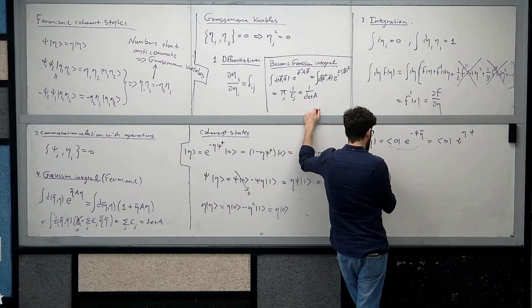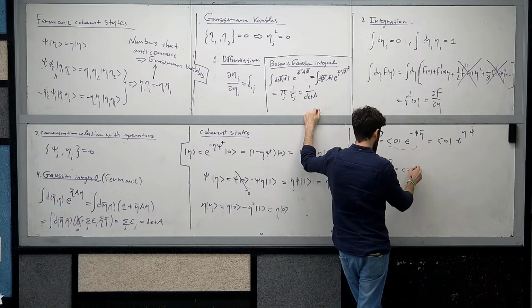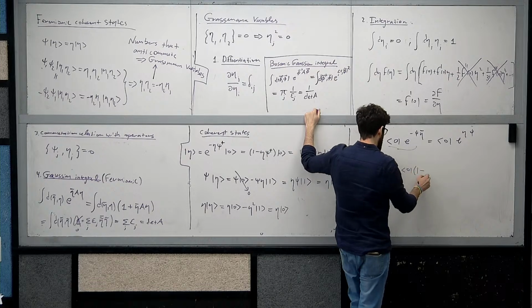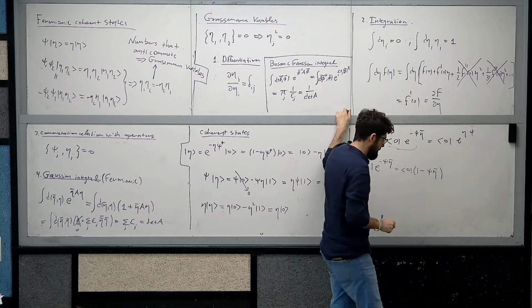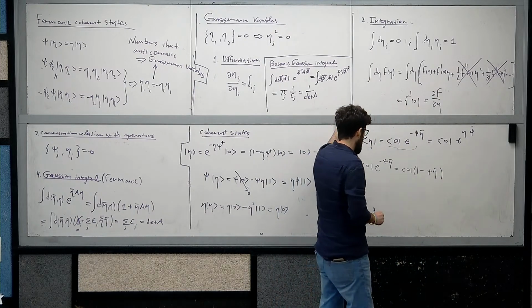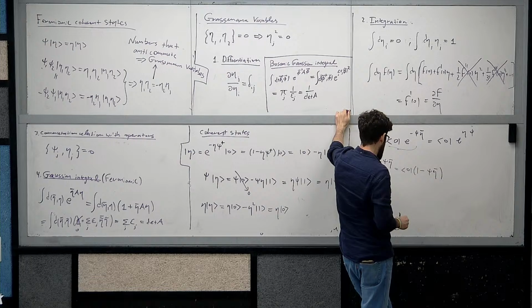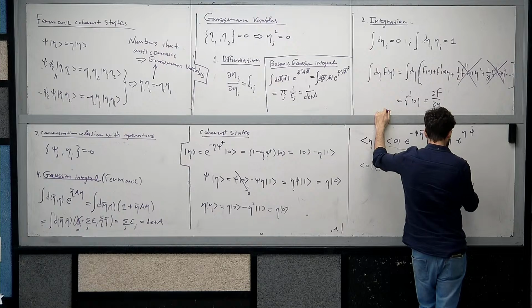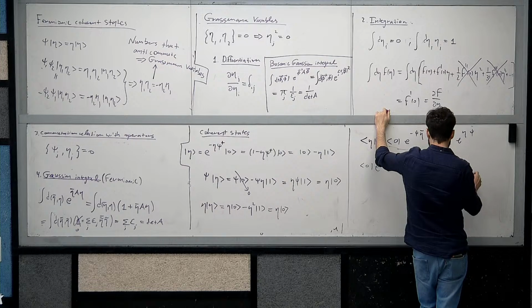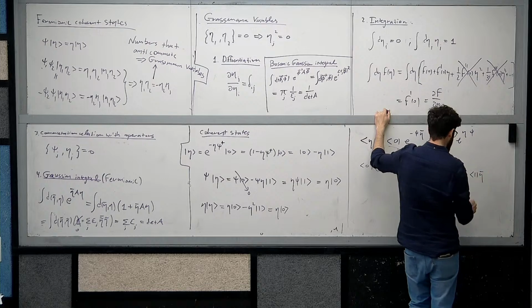So <0| e to the minus psi eta bar is equal to <0| times (1 minus psi eta bar). That is equal to <0| minus <1| eta bar.